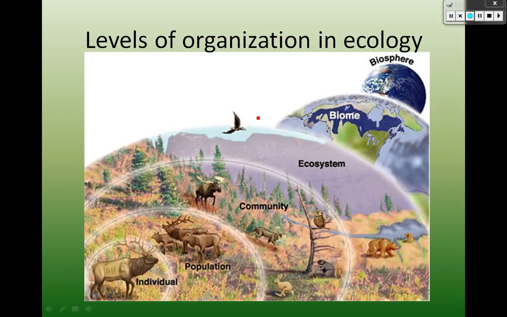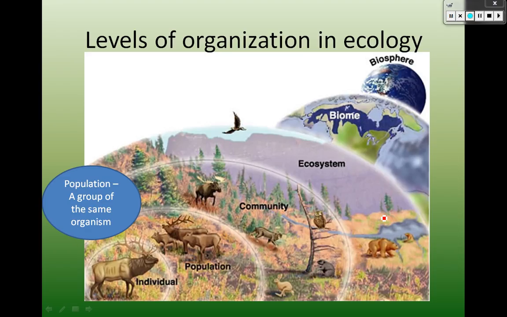That's the organism levels of organization, but then we can also have levels of organization in ecology itself. We have the individual, and that is one individual. Then we have a population. A population is a group of the same organism. Our individual was some kind of elk, maybe, so the population would be a group of elk.